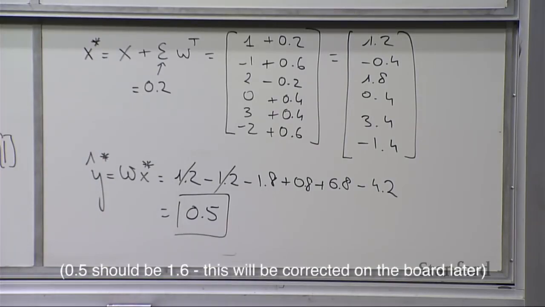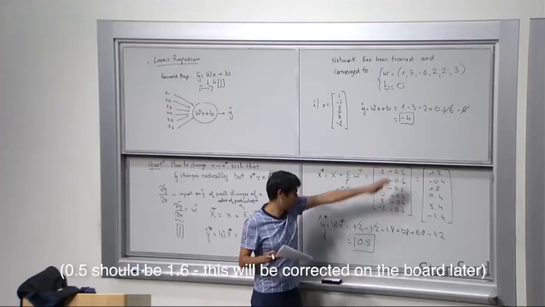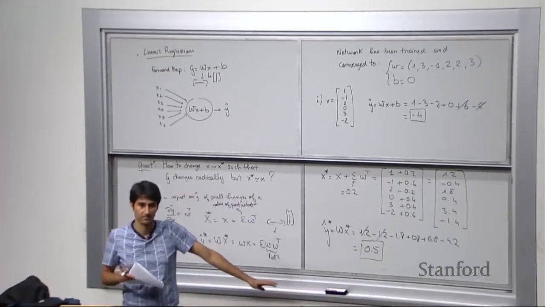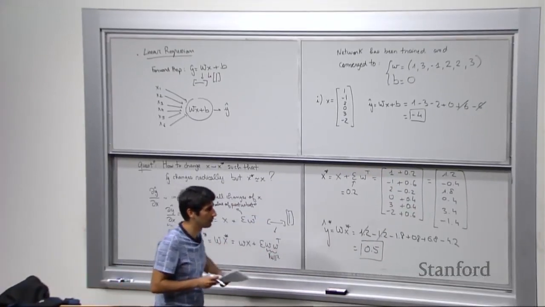Okay, so we see that a very slight change in x star has pushed y hat from minus 4 to 0.5.